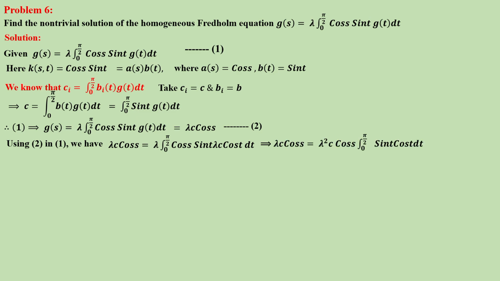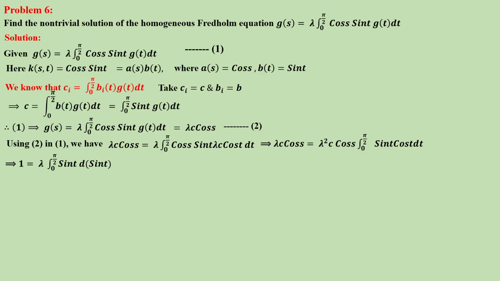So λ c cos s = λ² c cos s ∫ from 0 to π/2 of sin t cos t dt, taking λ c cos s outside the integral. The λ c cos s on both sides gets cancelled. Remaining, we have 1 on the left hand side, which is equal to λ on the right hand side.